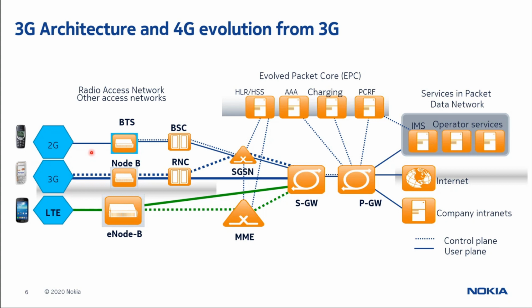Basically, it can control n number of BTSs. This is what I'm talking about here. And this BSC is sometimes, not all the time, co-located with some of the BTSs. So what does it do? It manages the radio resources.